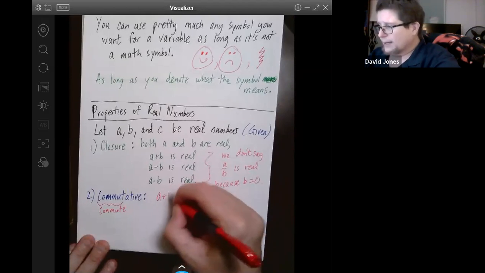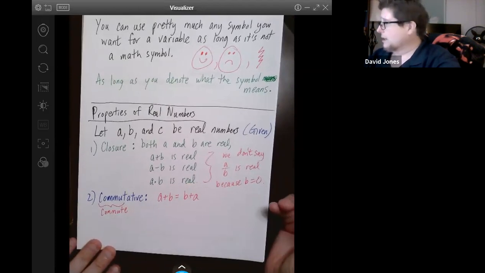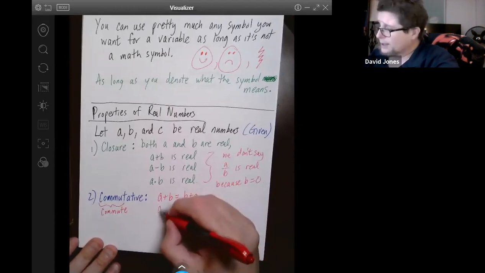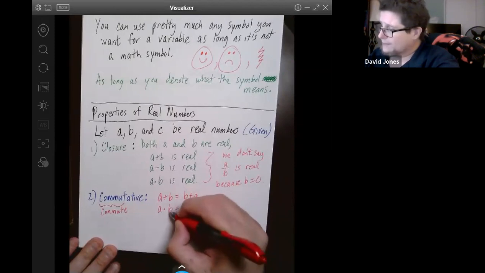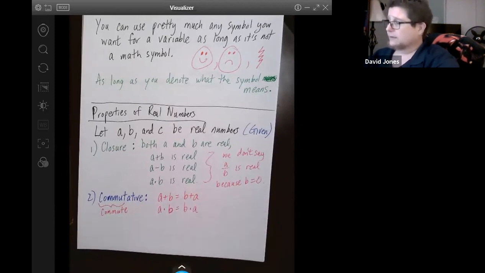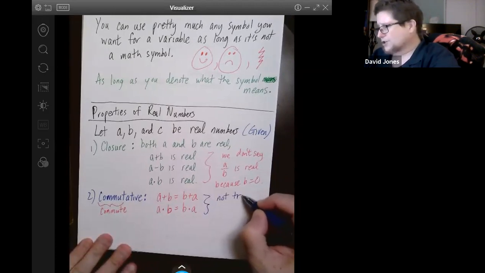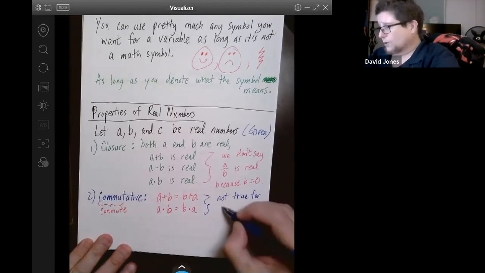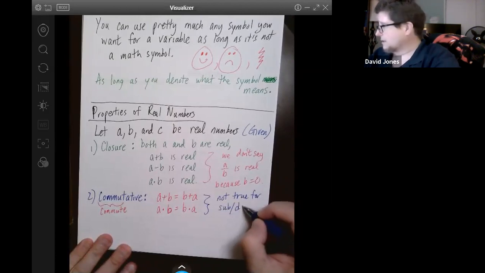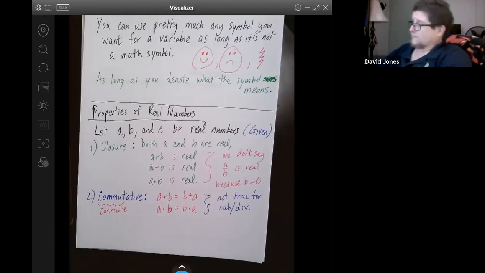A plus B is the same thing as B plus A. And A times B is the same thing as B times A. And not true for subtraction or division. Okay.